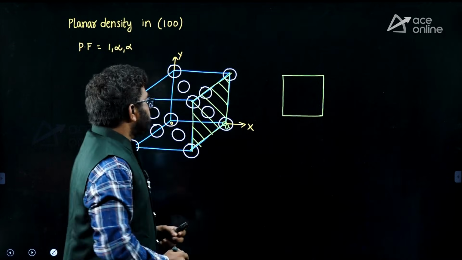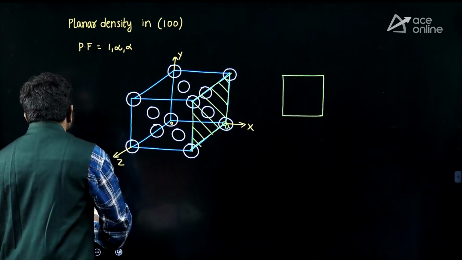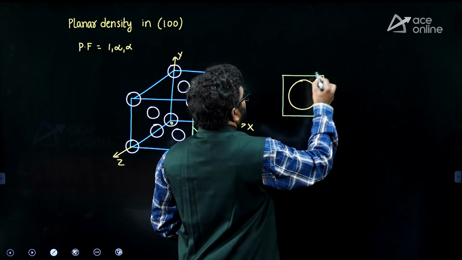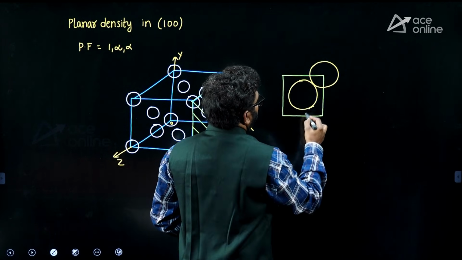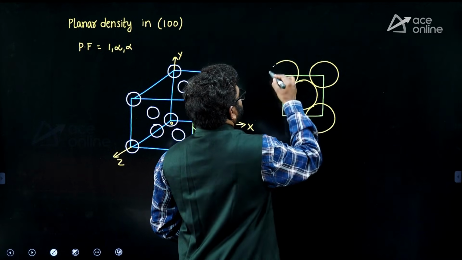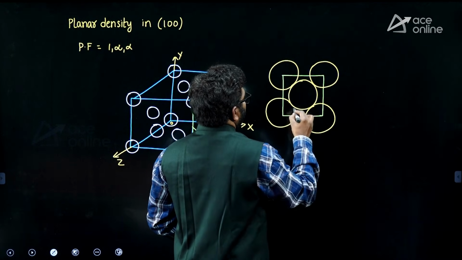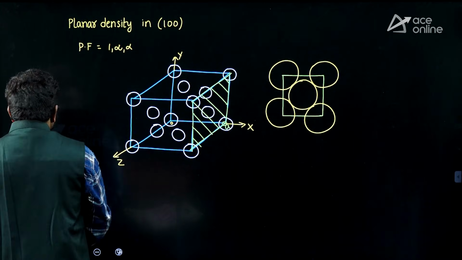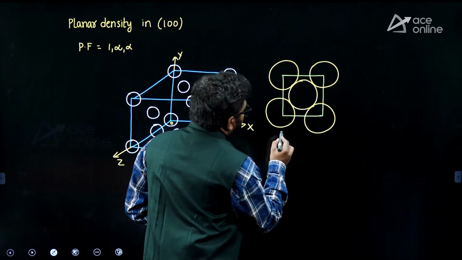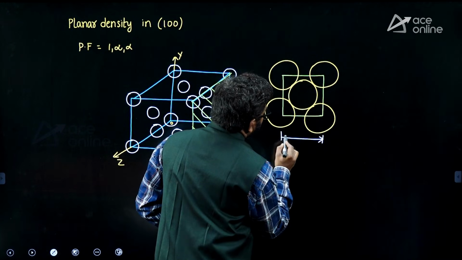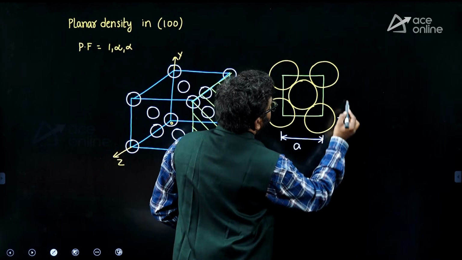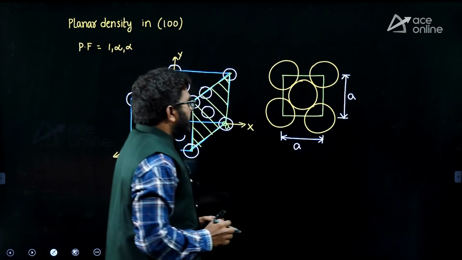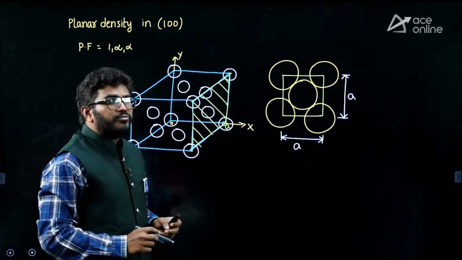Now how are the atoms arranged? At each face center there is one atom. So at the center of this face one atom and at every corner one atom. Now I hope you understood. Listen carefully. Here the area, this side length is A and this side length is A. So planar density and number of atoms, how many are there?